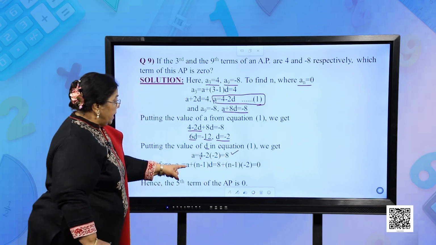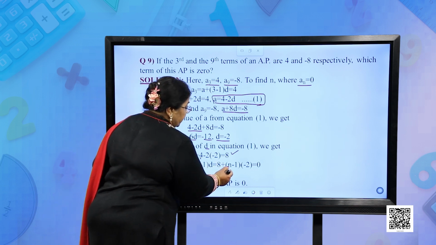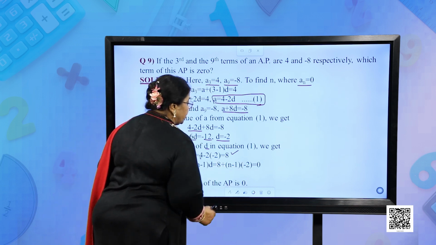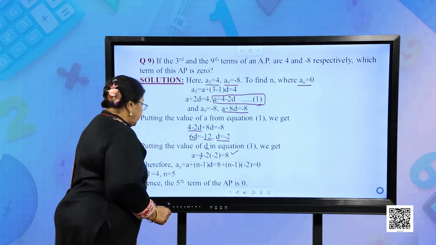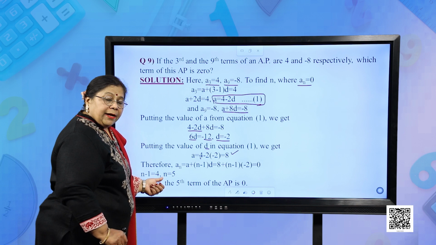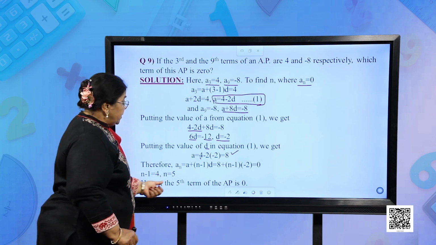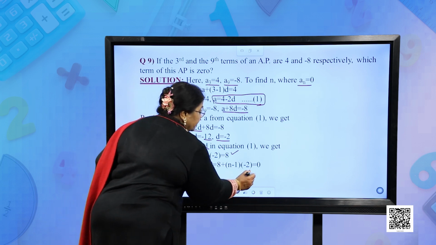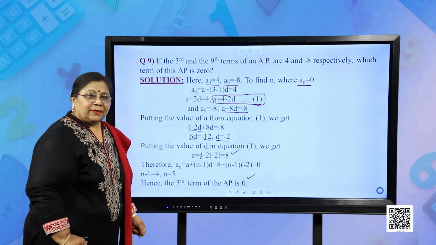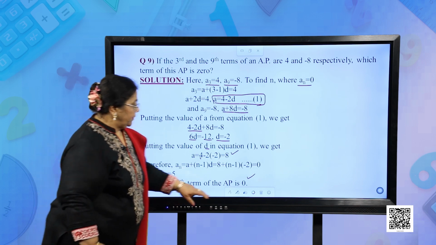Therefore, An is A plus n minus 1 into D. I can write 8 plus n minus 1 into minus 2 is equal to 0. On simplifying, I get n minus 1 is equal to 4 and n is equal to 5. Is it clear? Hence, the fifth term of the AP is 0. Did you understand? Okay. Shall we go to the next question now?